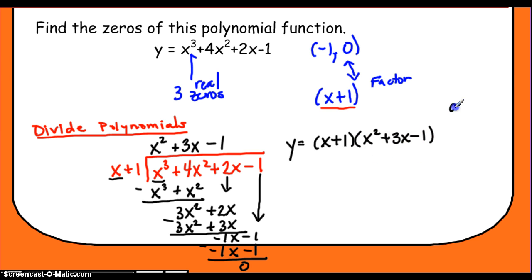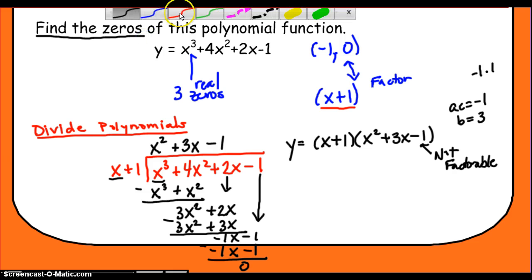So is there something that multiplies to -1 and adds to 3? Well, the only things that multiply to -1 are -1 times 1, and that does not add to 3. So this is not factorable.